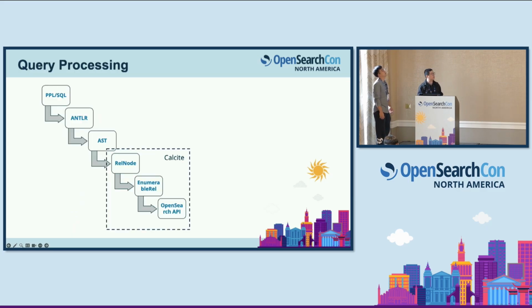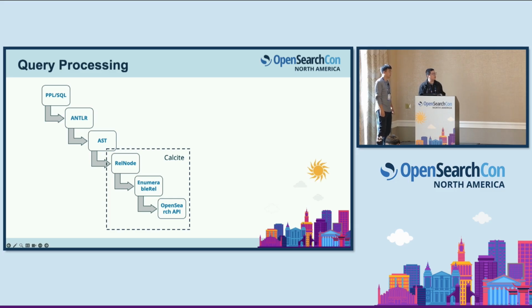Here is the processing. Whether PPL or SQL, they use ANTLR 4 to analyze the lexical and semantic structure and create an AST. Then the AST is fed into Calcite, and Calcite creates a RelNode. A RelNode is a logical expression tree used internally in Calcite.